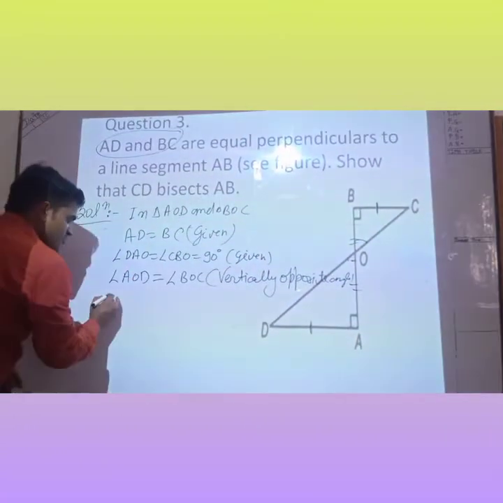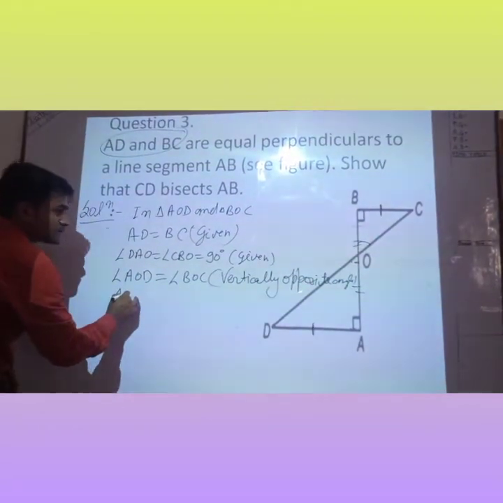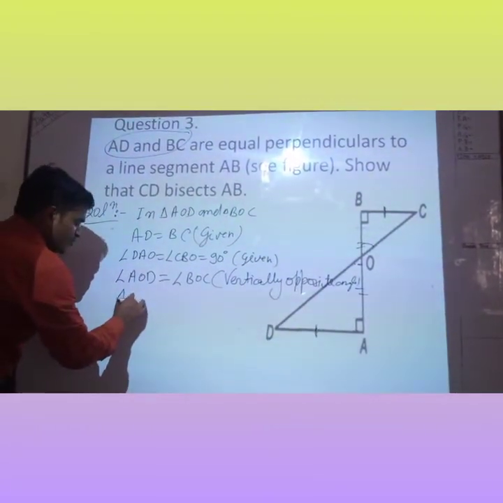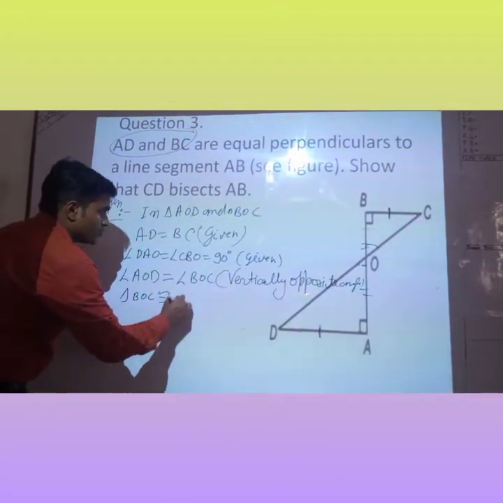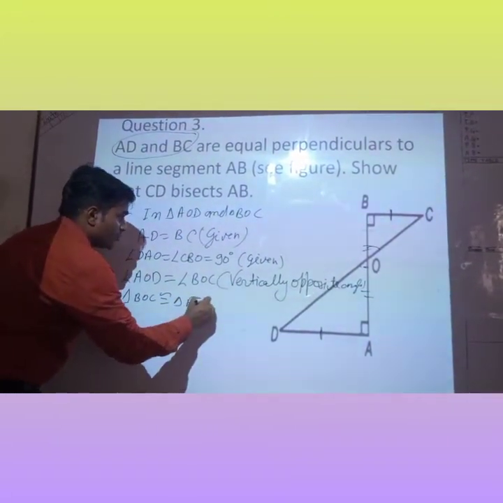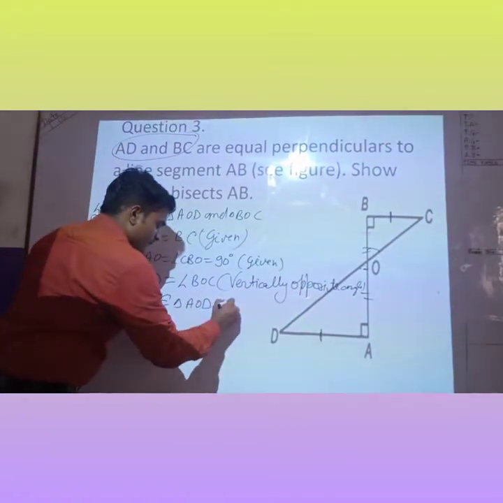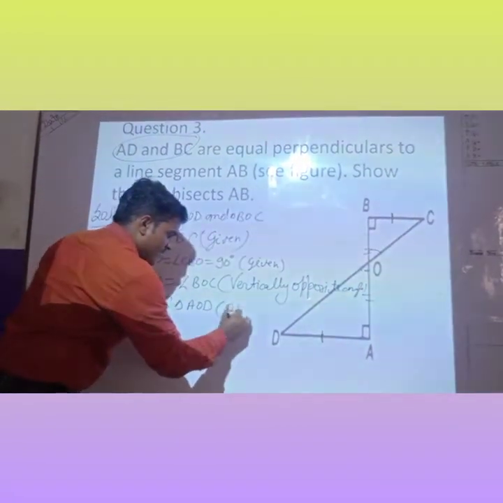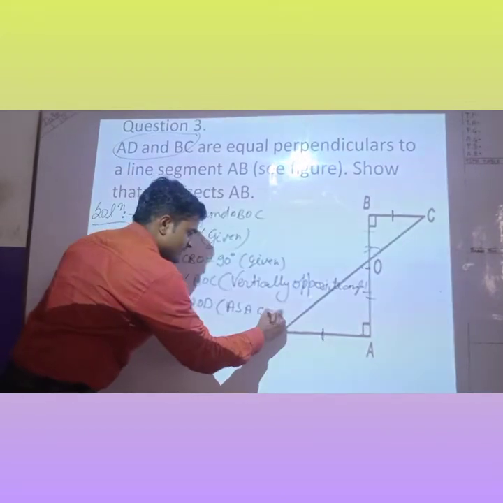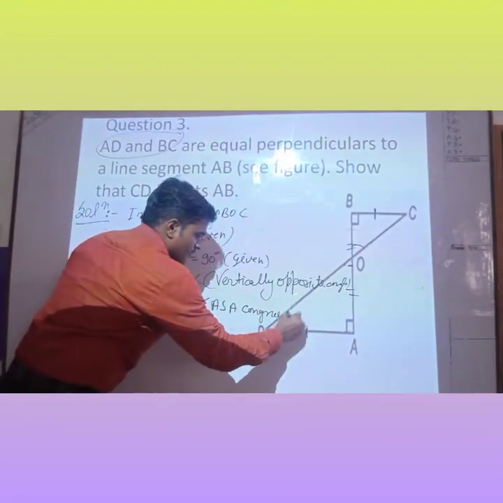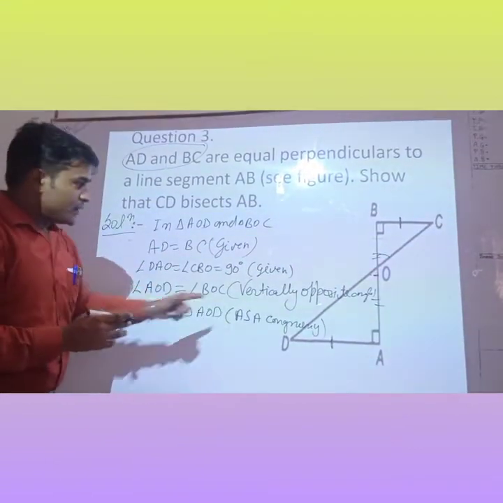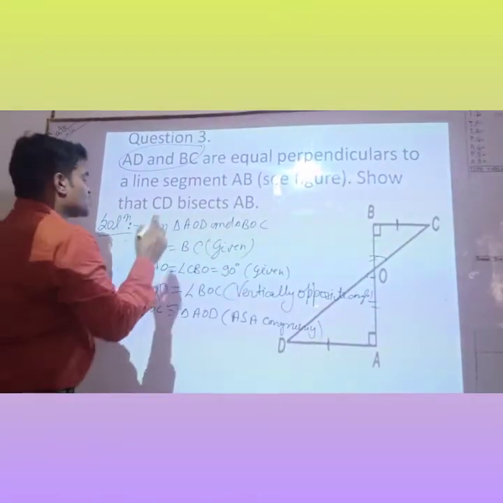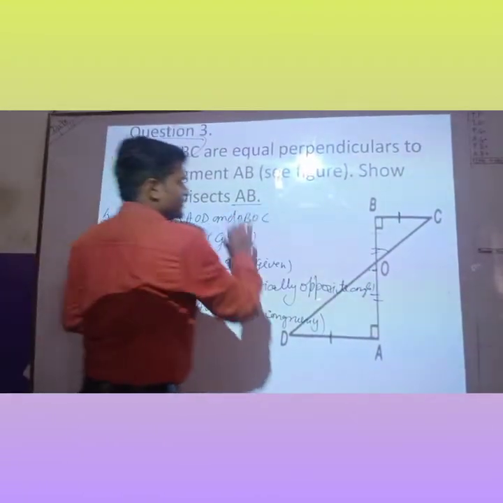Okay children, so right there triangle BOC is congruent to triangle AOD by ASA congruency. But children, we have to prove that CD bisects AB.